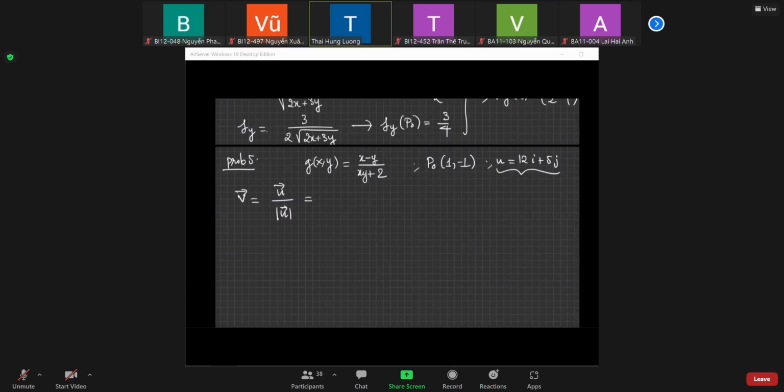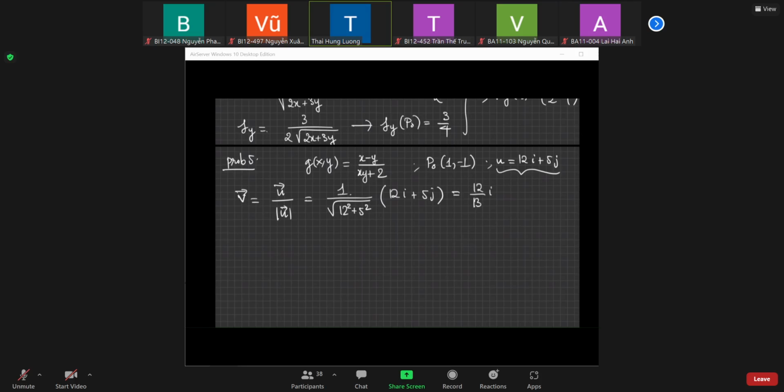So here, the module of u is given by this, right? And you multiply with the vector u. Here i and j are the notation of the unit vectors of the x and y axes, right?